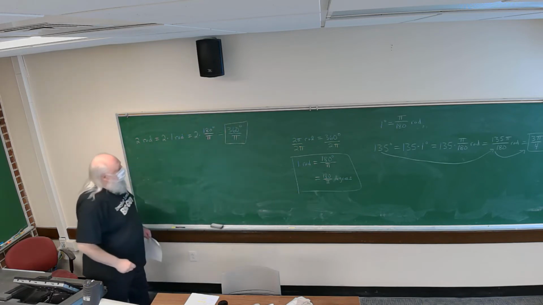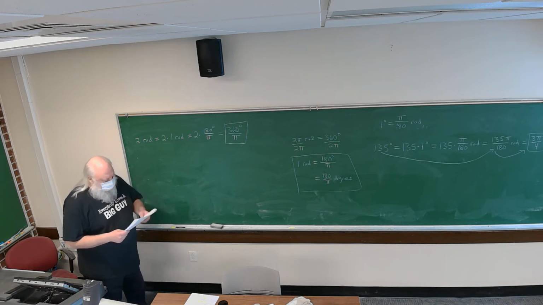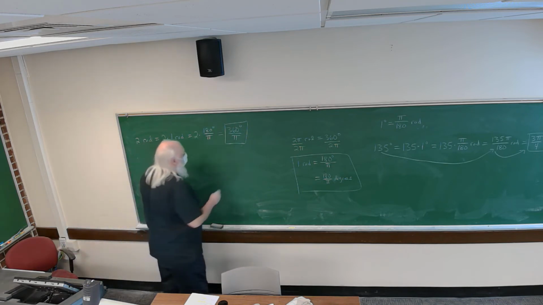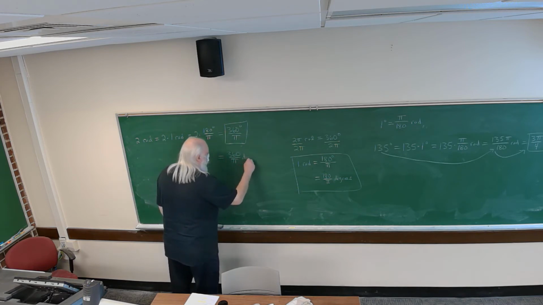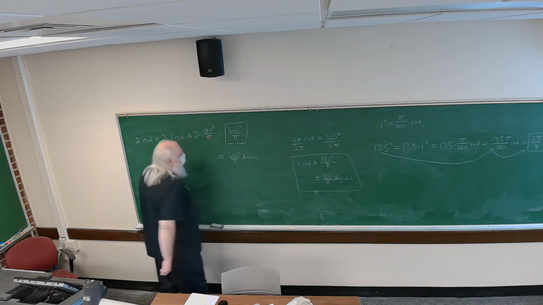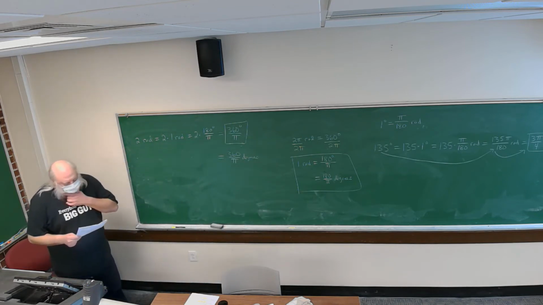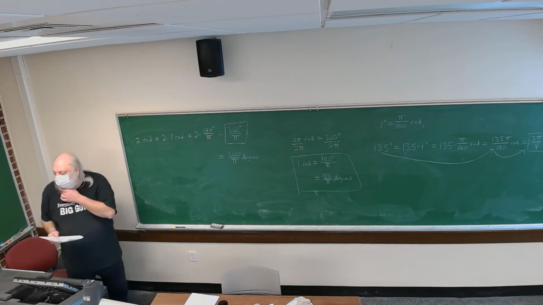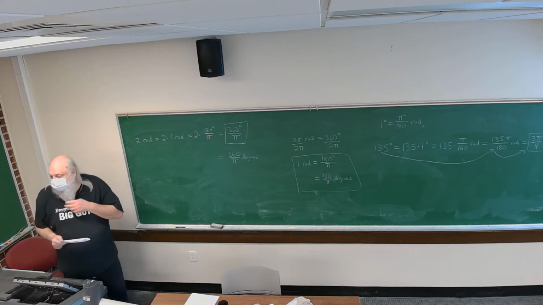And so 2 radians is equal to 360 degrees divided by pi. But I would be so inclined to write 360 over pi degrees. All right. Any questions? I'm going from radians to degrees, degrees to radians.